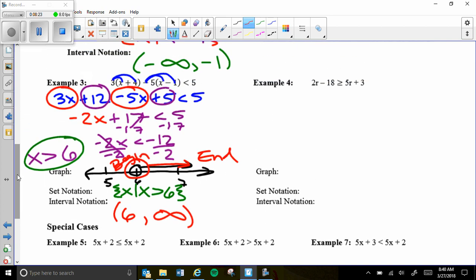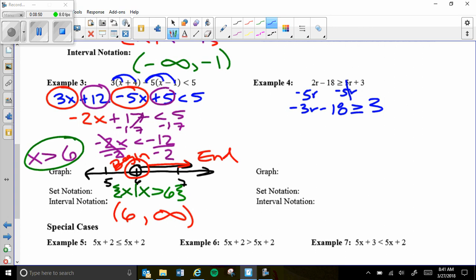Our last example here is number 4. So in order to solve number 4, we need to get our like terms on the same side. So 2r minus 5r is -3r, minus 18 is greater than or equal to 3.